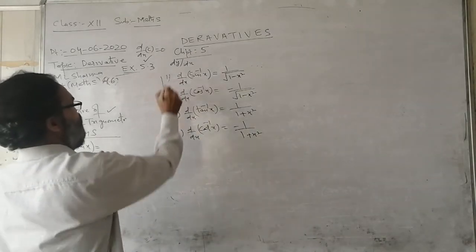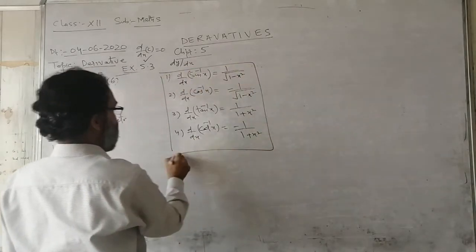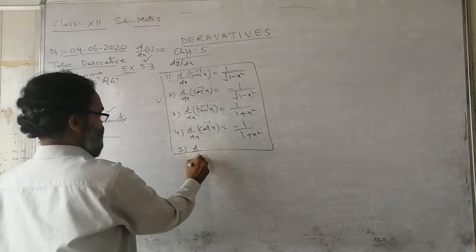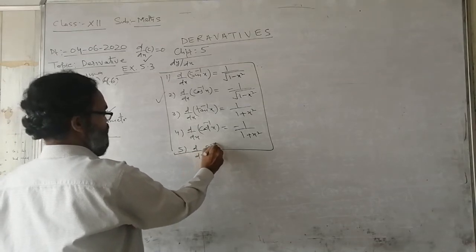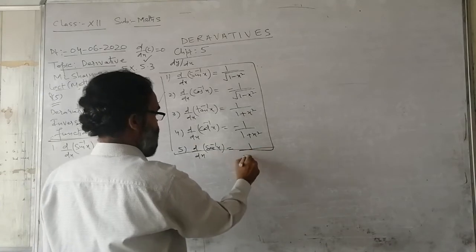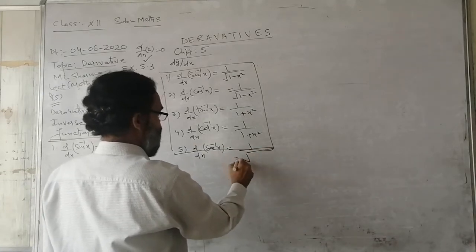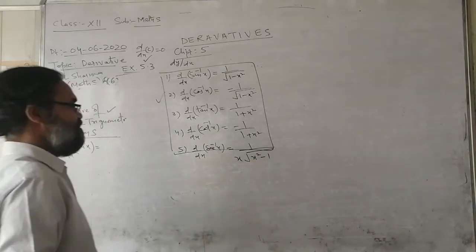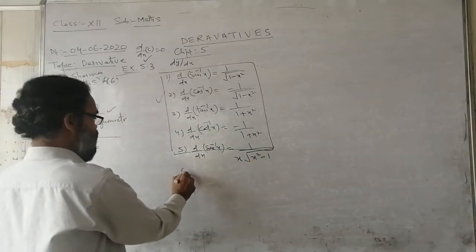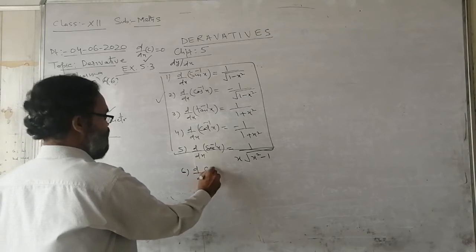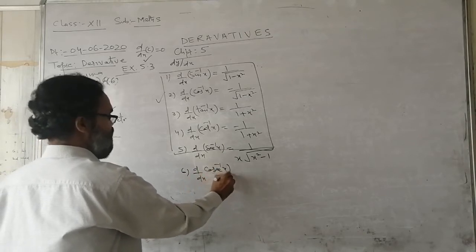Similarly, the fifth formula, sec inverse x, is 1 upon x under root x square minus 1, and the sixth formula, cosecant inverse x.